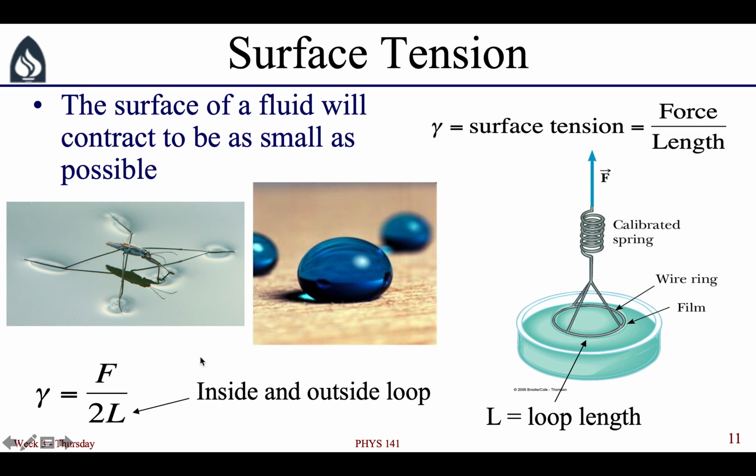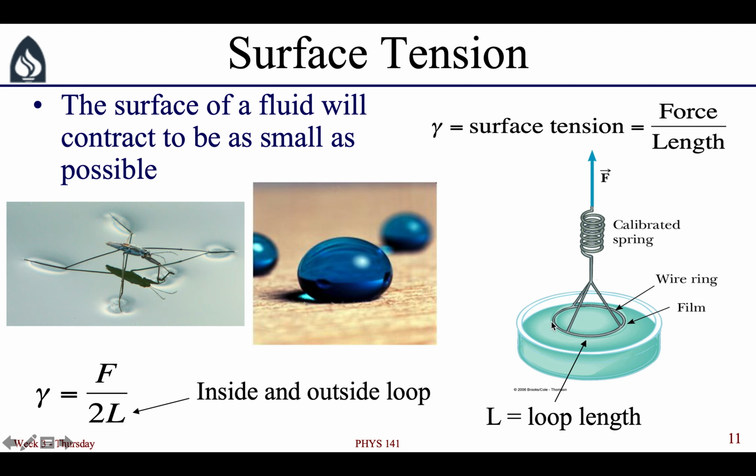So we can measure the surface tension, and surface tension is represented with the symbol gamma, so that's another Greek letter, and surface tension can be measured as the force exerted on a material that is submerged in the fluid divided by the length of that material.